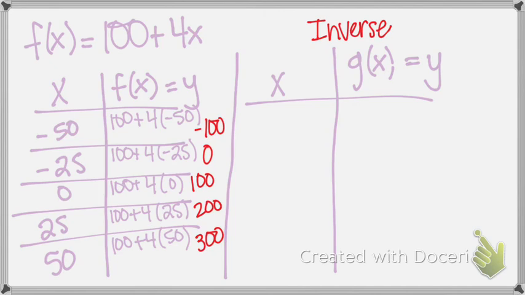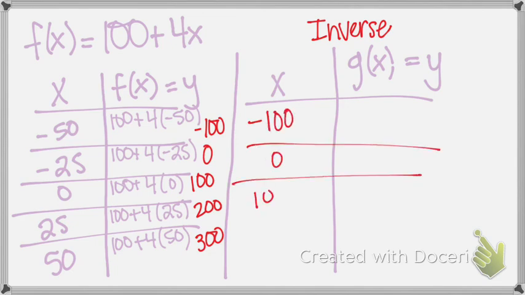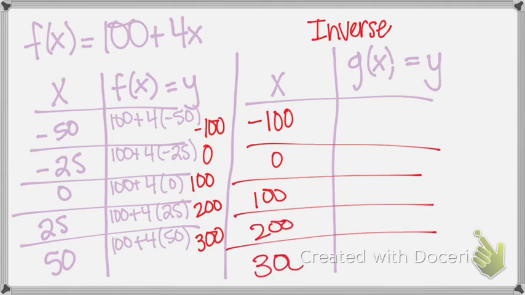The new x will be the old y, and the new y will be the old x. That is how you find the inverse using a table.